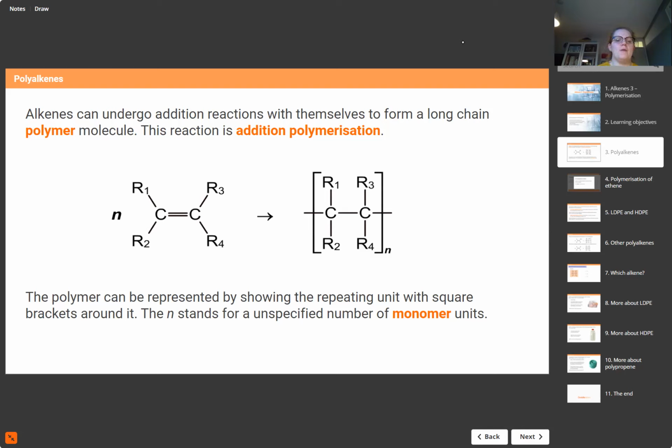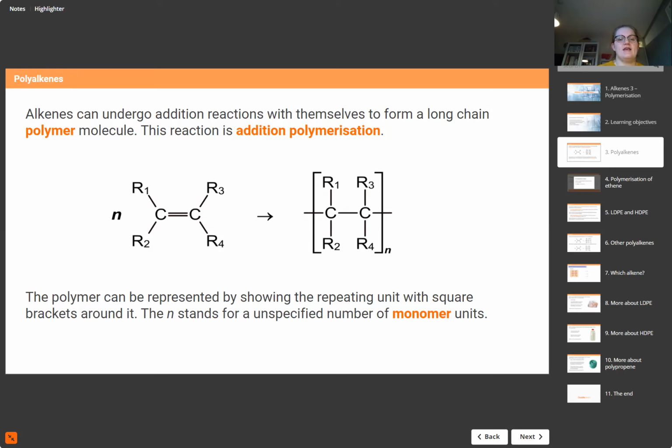The polymer can be represented by showing the repeated unit with square brackets around it, like we've got here. And the n stands for an unspecified number of monomer units. When we do this, we don't actually show the double bond, even though we know there's a double bond there. Because it's a polymer, it's always a polyalkene, so we assume knowledge.